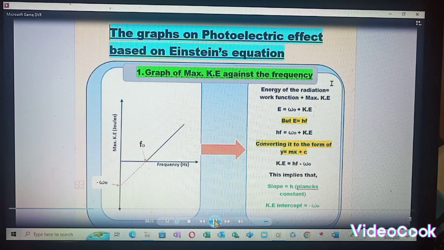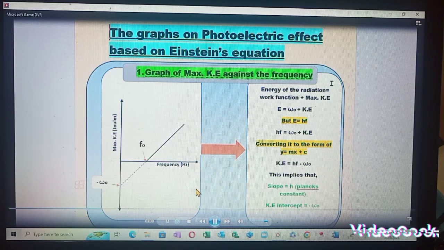We normally say that the kinetic energy is the energy of the particles, the electrons which have been emitted by the incident radiation on the metal surface.